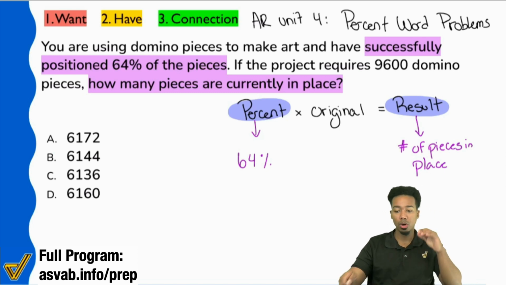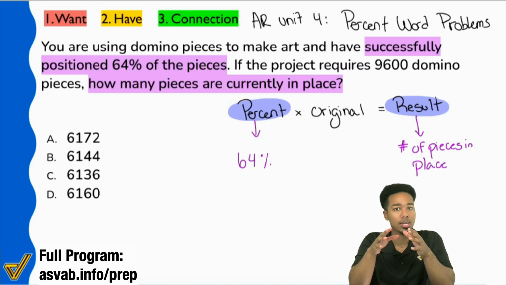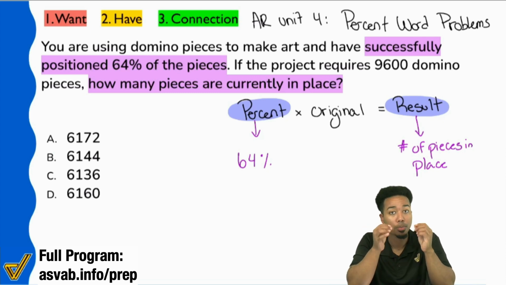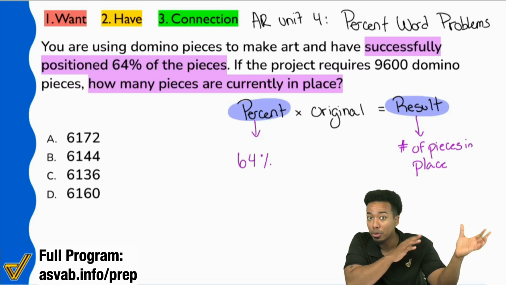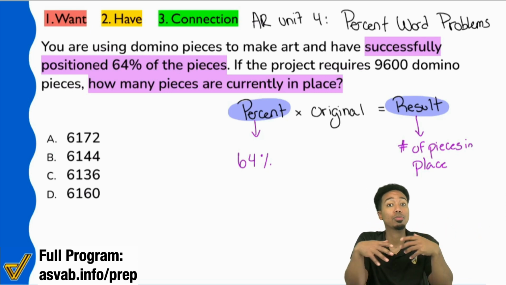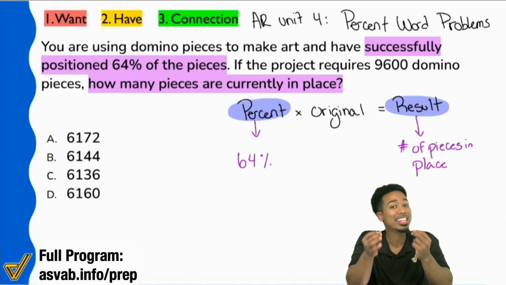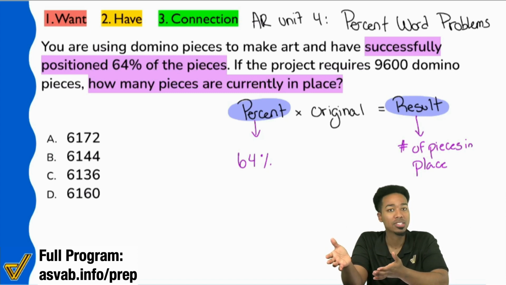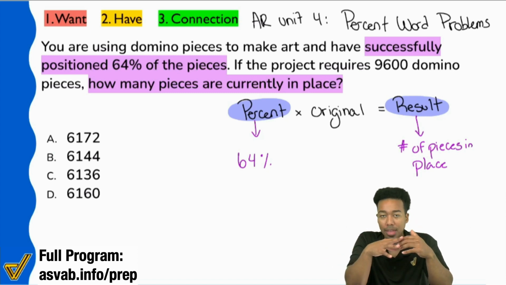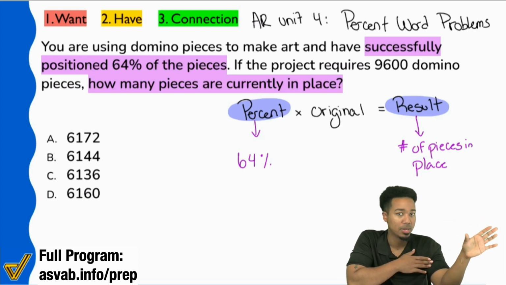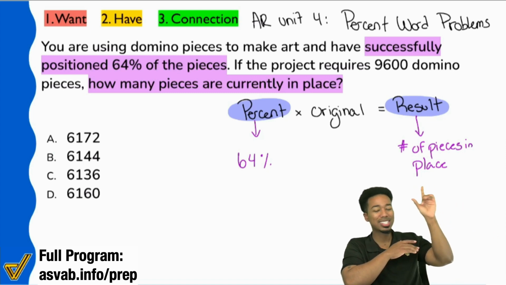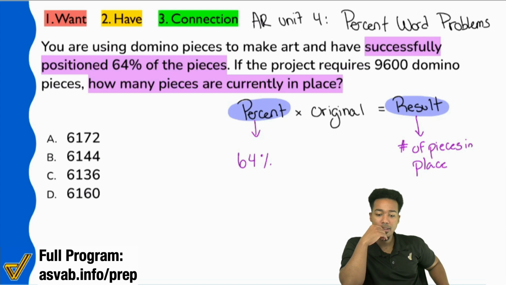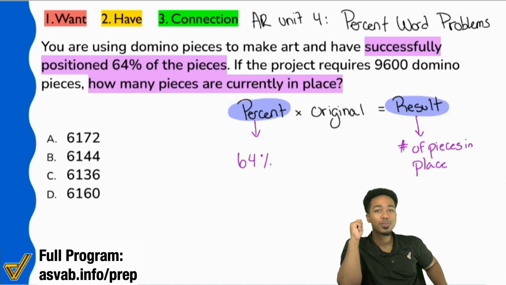Cool. So this is the thing about percents. The percent that you put into the formula is going to represent the same idea as the number you get at the end. So since we plugged in 64%, and that represents the percent of the pieces in place, when you do all the math, you're going to get the number of pieces in place. Yes or no? Does that make sense? So that's the big key there.